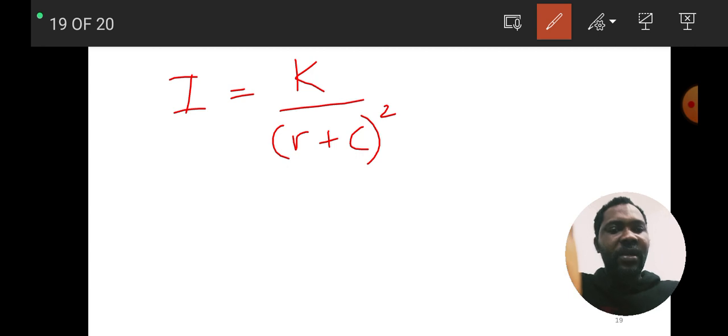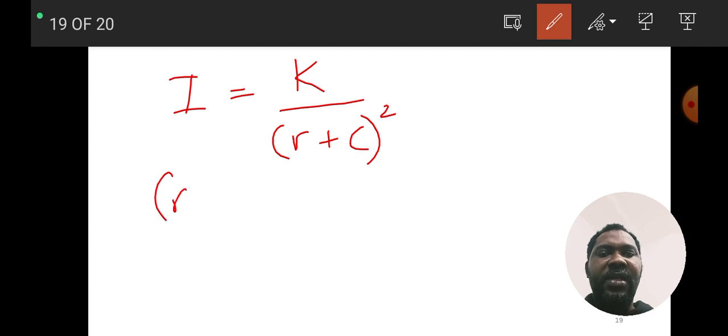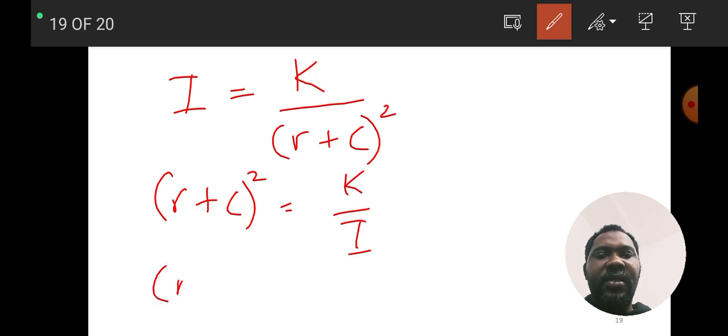So what we can do here is cross multiply. We can say r plus c squared is equal to k over I, and so we can also say r plus c is equal to root k all over root I.